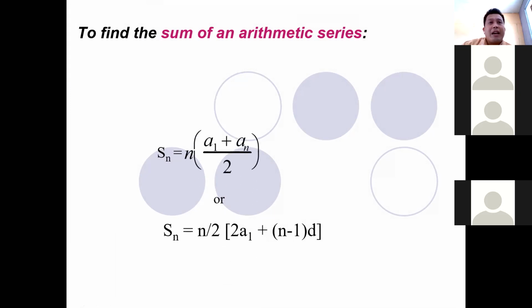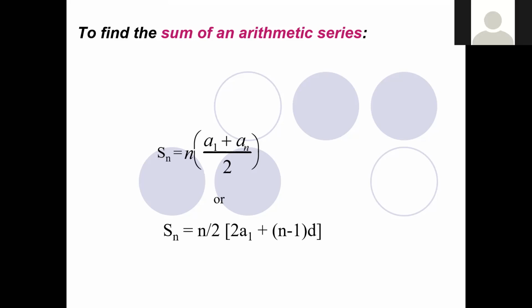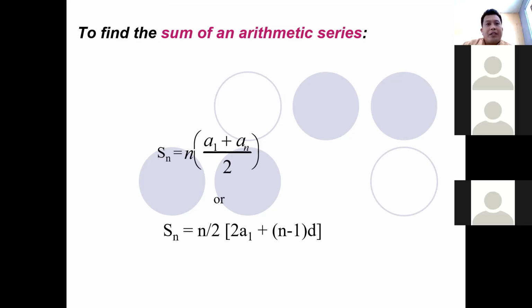Or you can use the formula: the number of terms multiplied by the sum of the first term and the last term, divided by 2. You can use that formula as well, or the formula below. They're just the same, class.